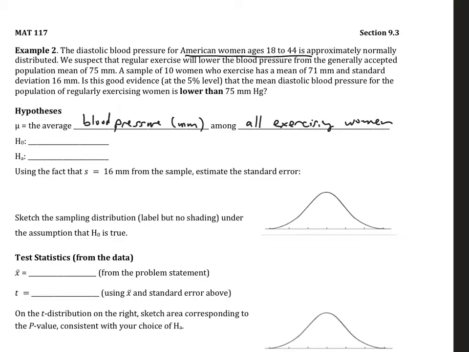If there is no effect of the exercise, then that would mean that the blood pressure among the women who exercise is the same as the generally accepted average in the overall population. So mu equals 75 would be a way of saying that exercising does not actually lower your blood pressure. And so we could say, just in words, there's no effect of exercising on your blood pressure is our H0.